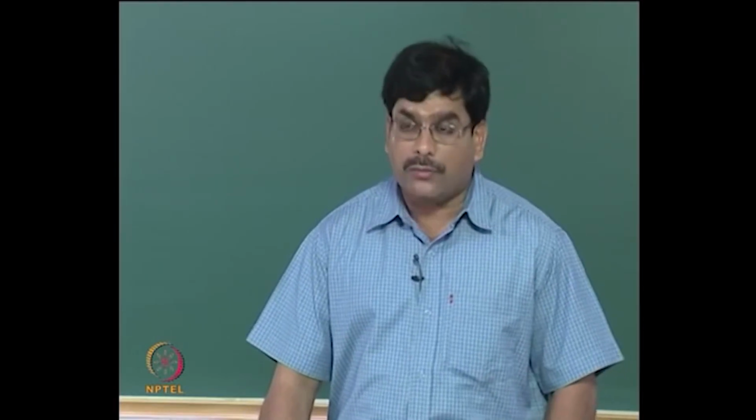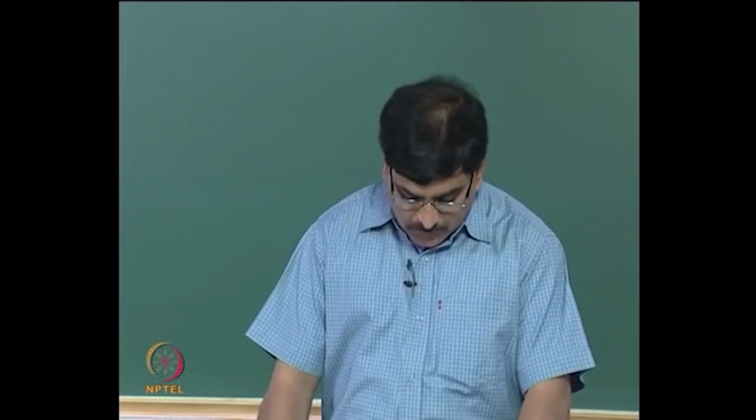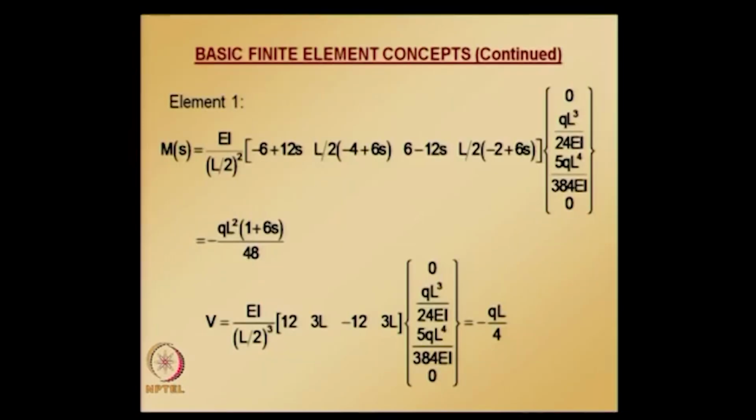It is not a function of S. And from this shear at S equal to 0, we know what we have seen earlier: the exact value of shear at the left hand end and the bending moment value at the midspan.